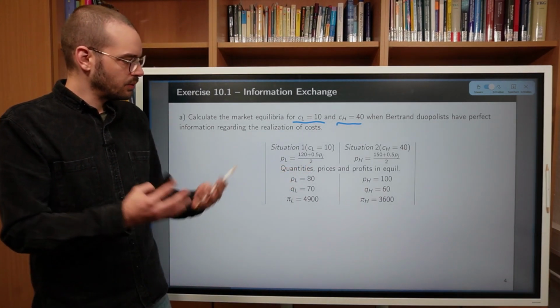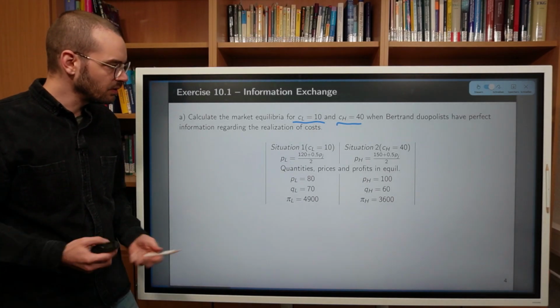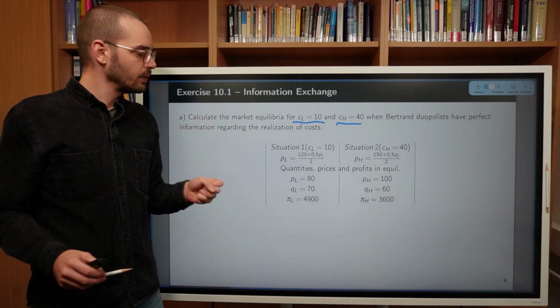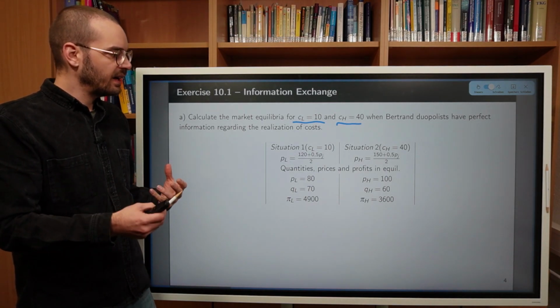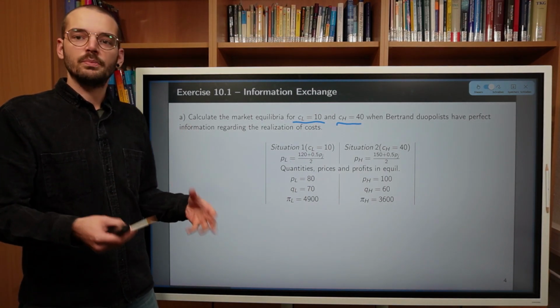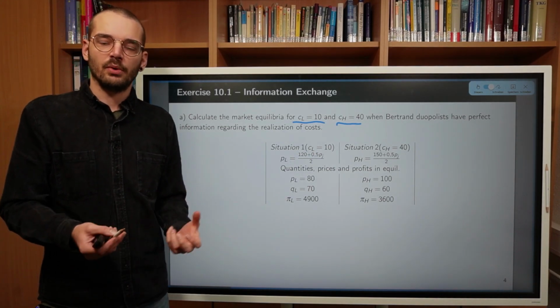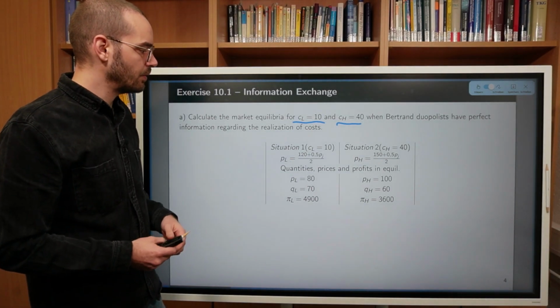Then we have two symmetric reaction functions. We can solve this to find the market equilibrium simply by plugging in Pi as a function of Pj into Pj as a function of Pi, the usual way that we solve a model given two reaction functions, one for each firm.